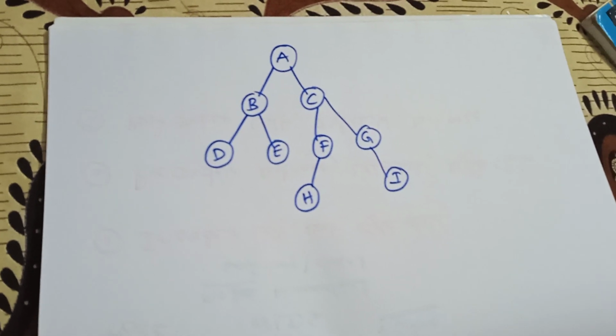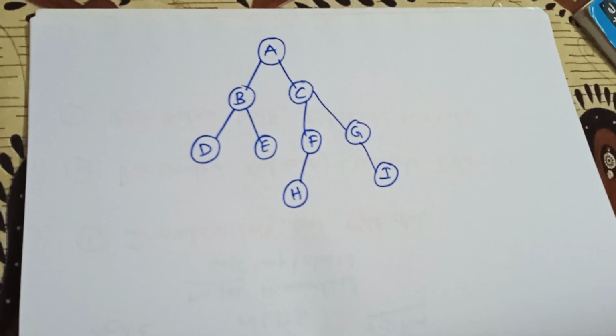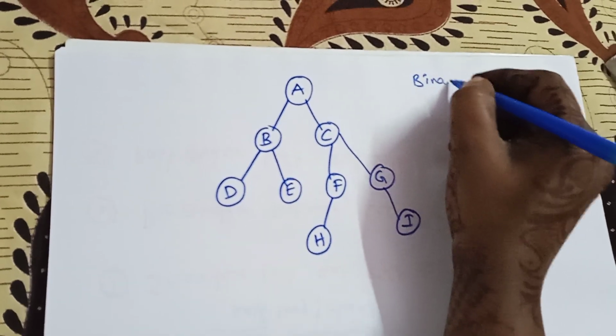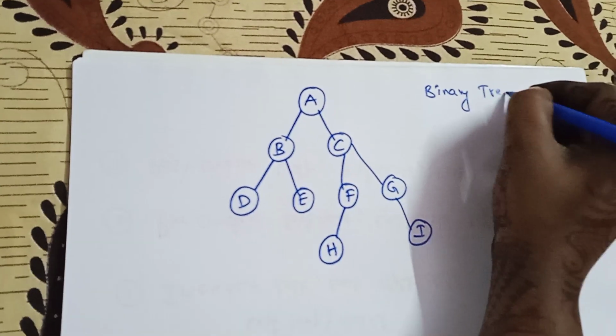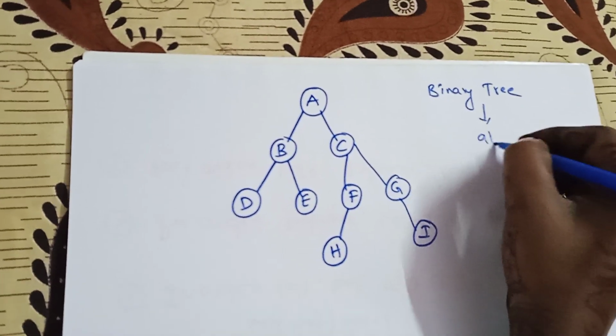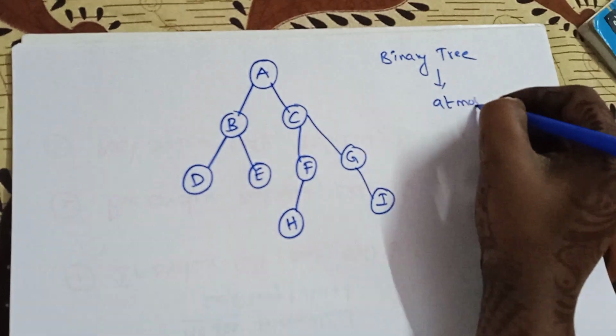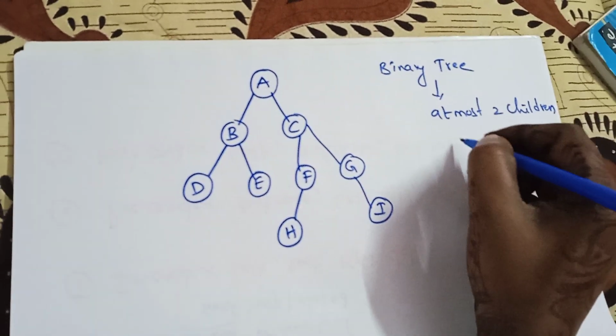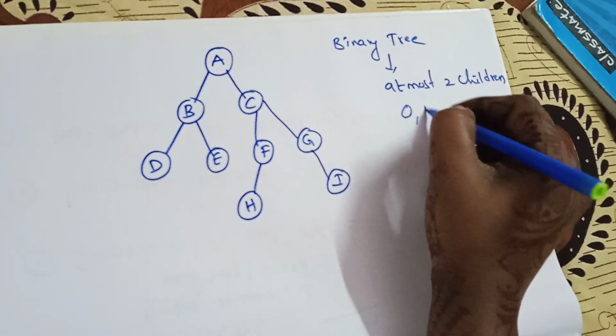Binary tree means what? The name itself tells that it can have at most 2 children. At most 2 in the sense what? 0, 1, 2.